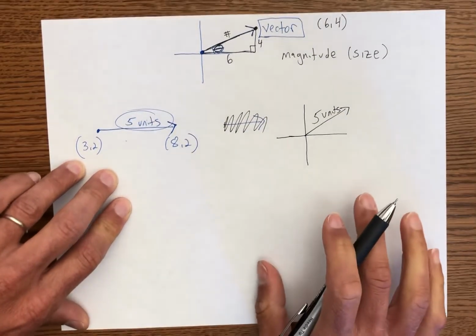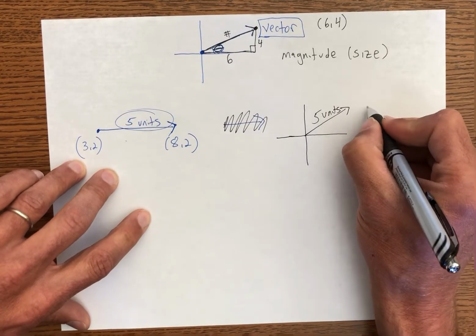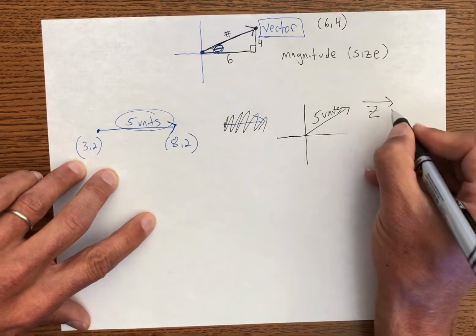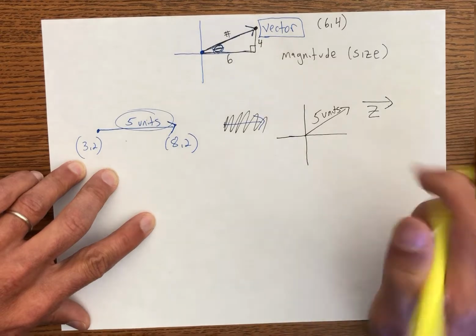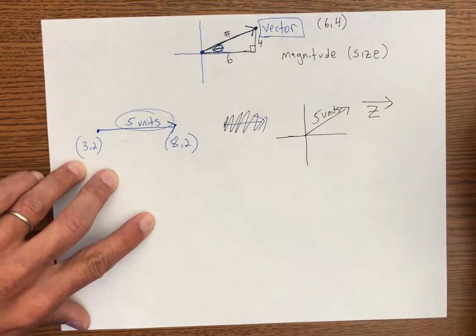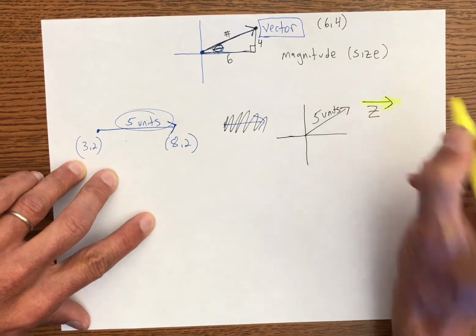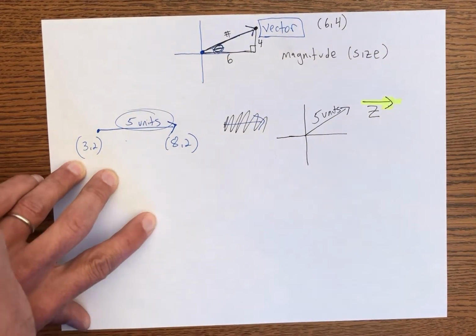The first way is, let's call this vector z. To illustrate that it is a vector, that it has a magnitude and direction, you just put an arrow over it. Remember in geometry when you put an arrow over a ray? Same kind of thing.